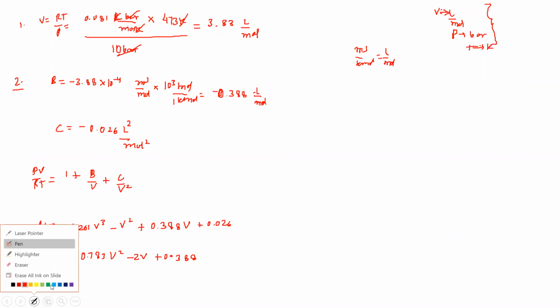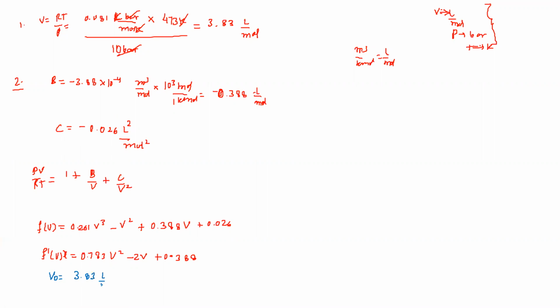The initial guess we already have, which is our ideal volume, so V naught is equal to 3.83 liter per mole. From here, F of V naught is equal to 1.5066 and F dash of V naught is equal to 4.21375.